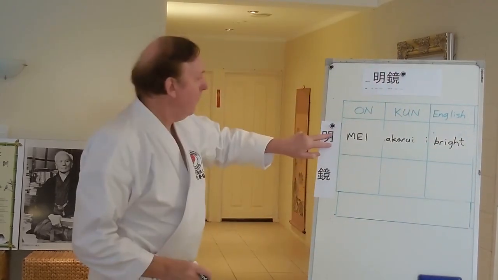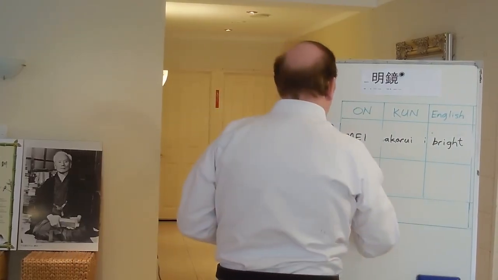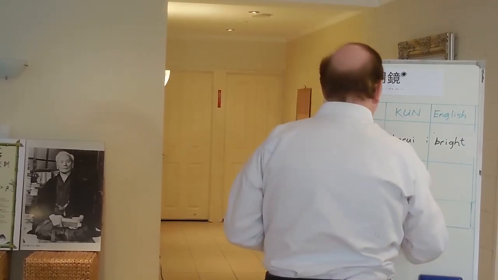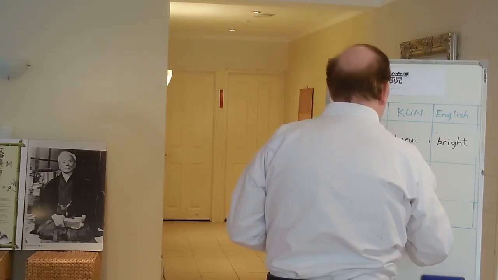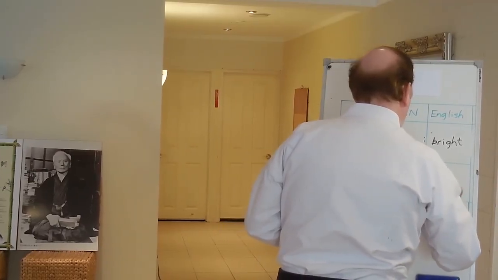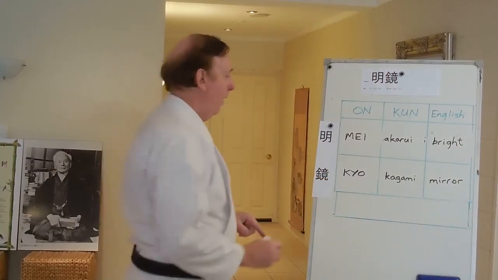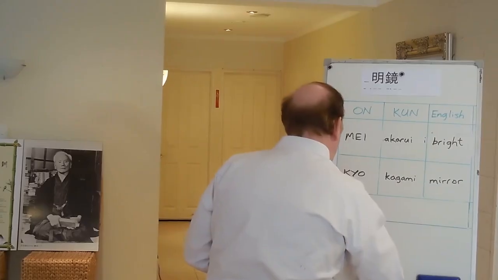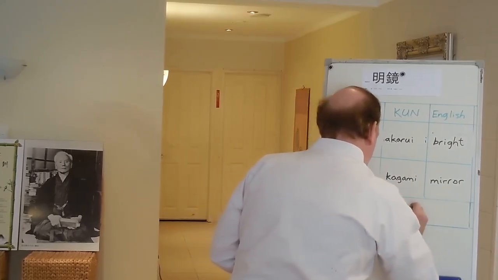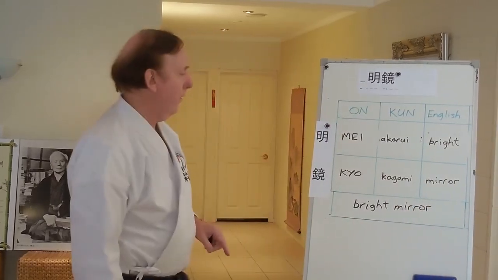So this is me, akarui, bright. And kyo is from kagami, and kagami is a mirror. Kagami. So this is bright mirror. Meikyo.